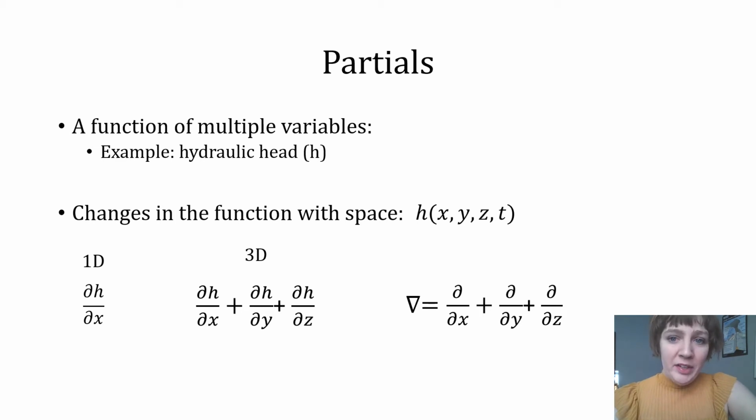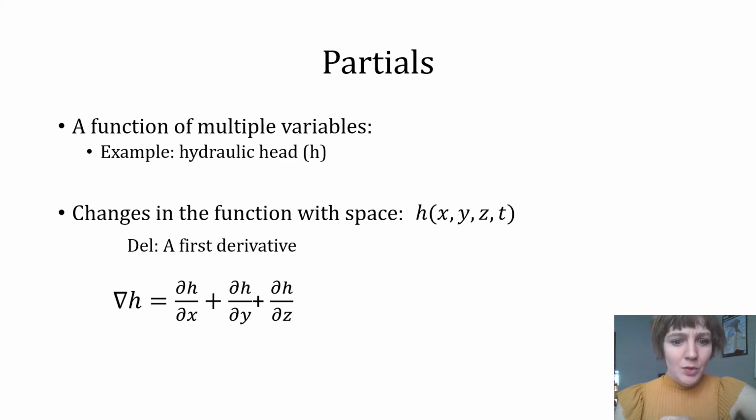Using this operator, the rate of change of hydraulic head with space can be written as del H, which is this. So again, this is the rate of change of hydraulic head with space. It gives you the 3D slope of the hydraulic head profile.